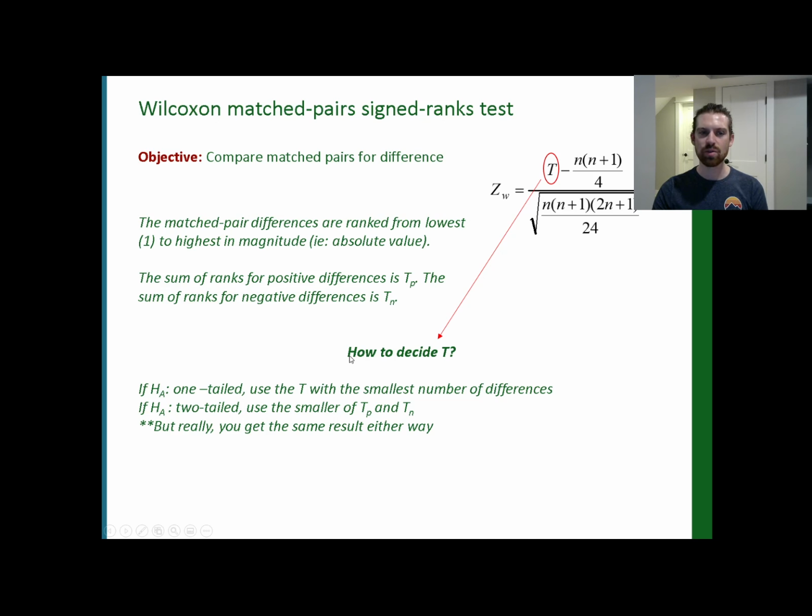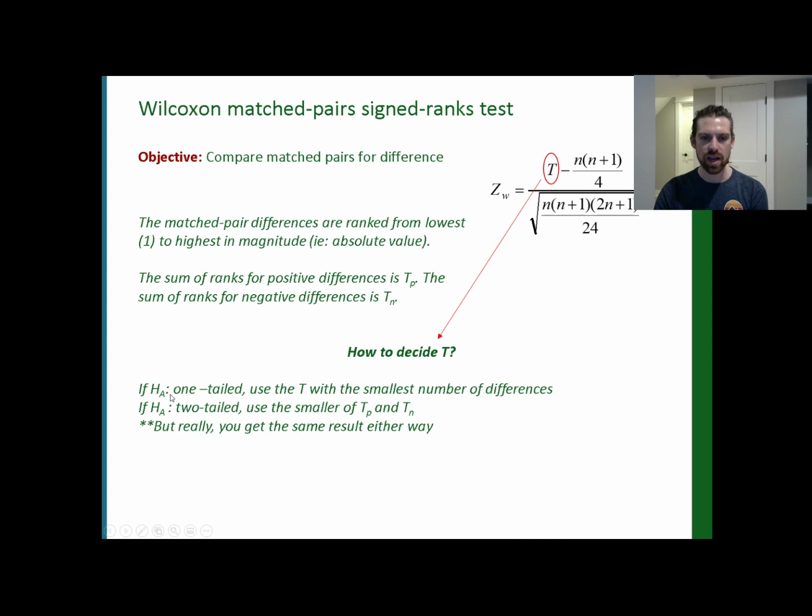But the challenge, therefore, is, well, how do we decide this t value that needs to go up here? So what we do is we have to get these matched pair differences, which are ranked from lowest to highest in magnitude. And the sums of the ranks for the positive differences equate to this value here, Tp, and the sums of the ranks for the negative differences relate to this value here, Tn.